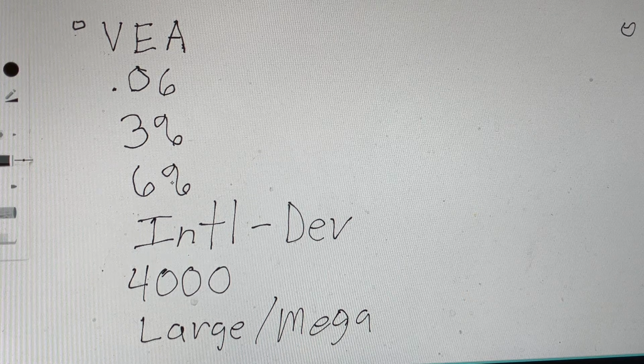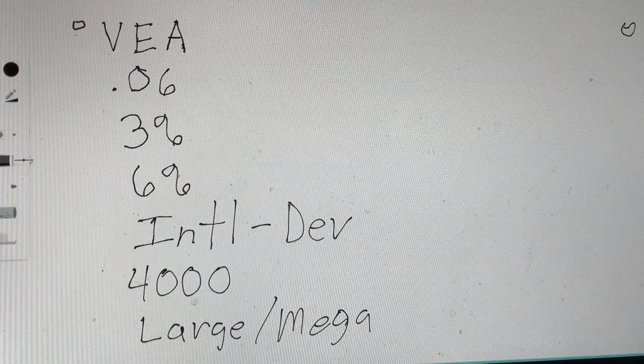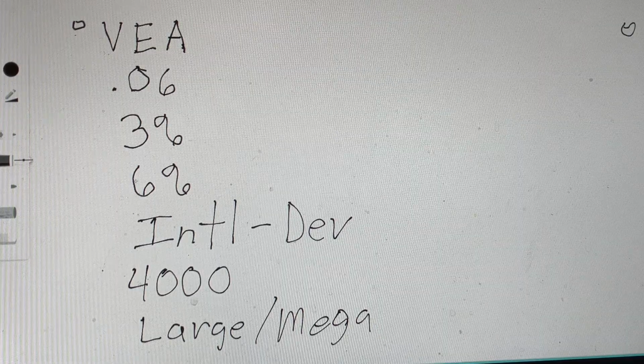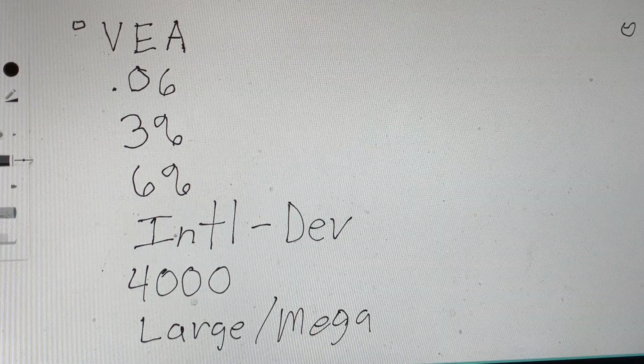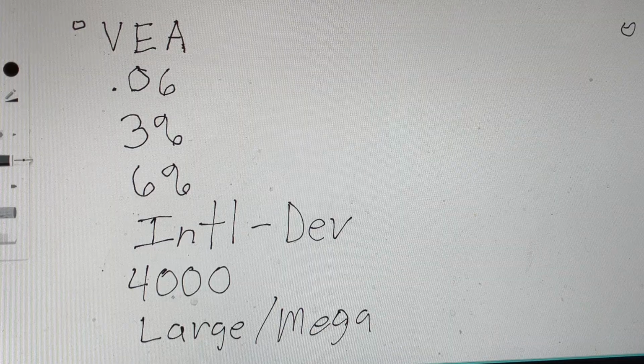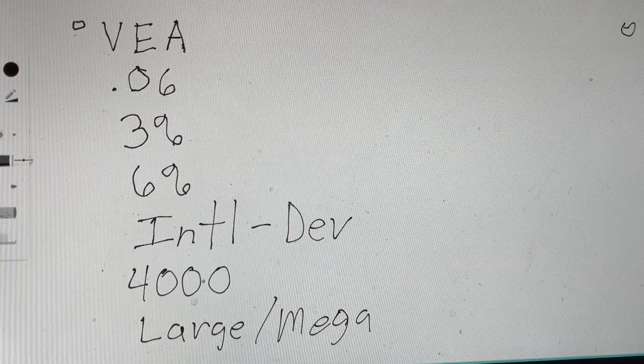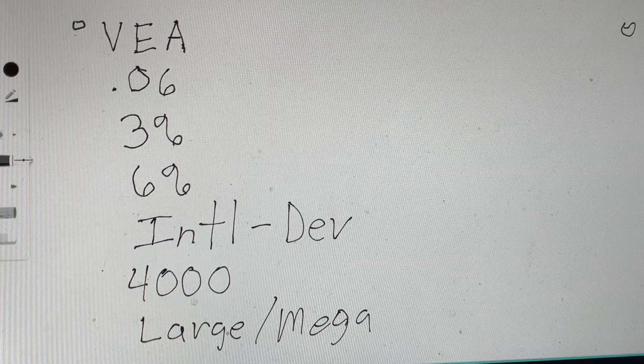Average stock return is probably between 7 to 10% per year. So it's a little bit under that, 6% 10-year return. It's an international fund, well diversified, almost 4,000 different stocks or companies in this fund, and it is a large cap blend.